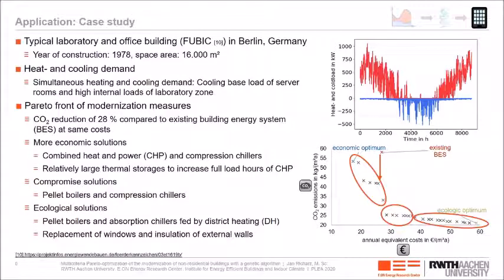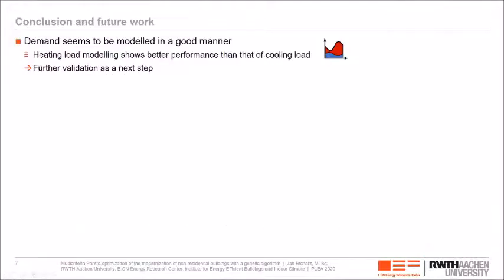More ecological solutions use pellet boilers and absorption chillers fed by district heating because of its low CO2 factor. In these solutions, also insulation and window exchange are realized. PV with a battery is part of nearly every solution of the here shown Pareto frontier.